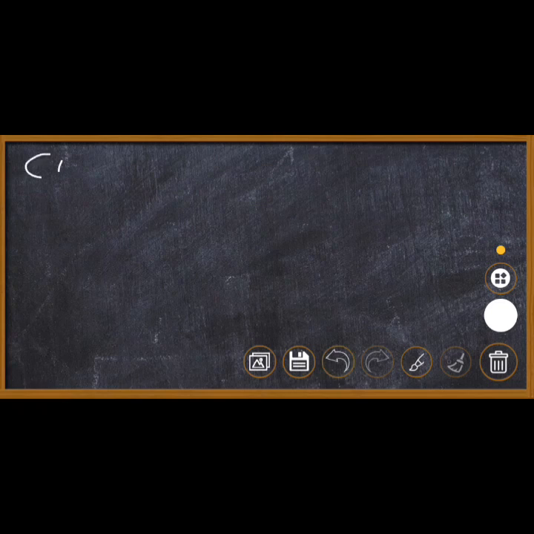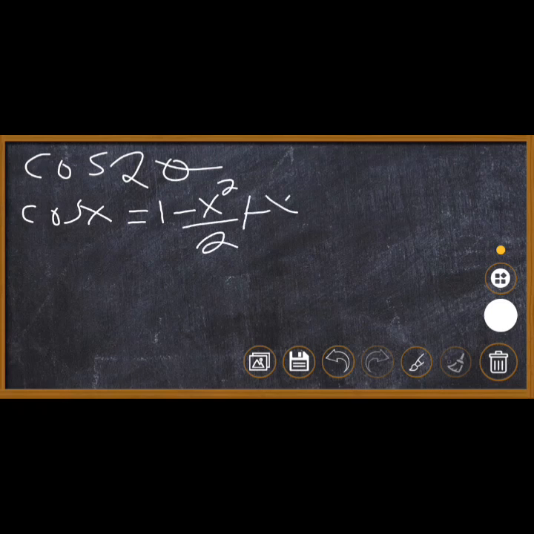So if you have been given a function where they say cos of 2 theta, remember our function for cos of x was 1 subtract x squared divided by 2 added to x to the 4th power over 24 subtract x to the 6th power over 720.